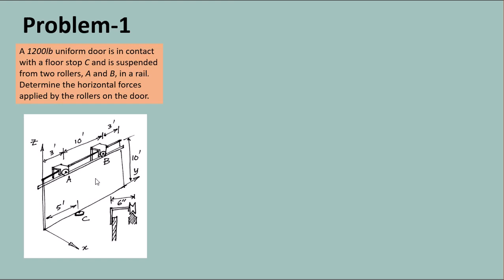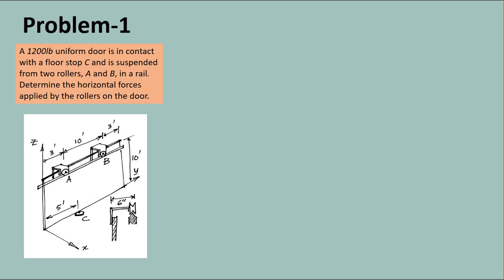Determine the horizontal forces applied by the rollers on the door. Even if you know all the theory and all the equations, solving three-dimensional equilibrium problems will require some thought.